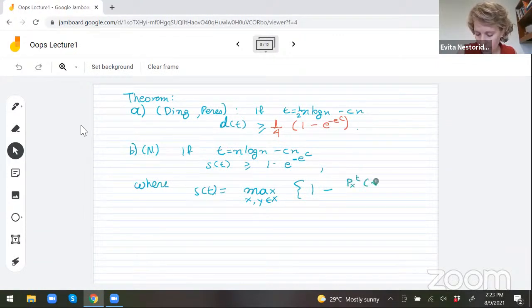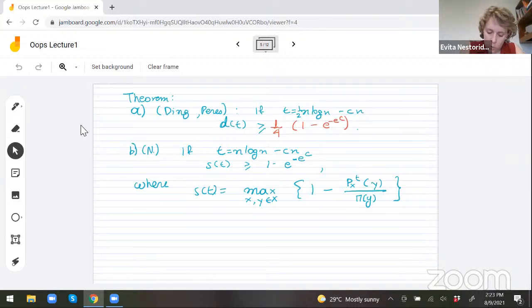It does not have the absolute value. Okay. So, and I'm going to tell you in a second that part B implies part A. And this is why we are going to be focusing on part B.